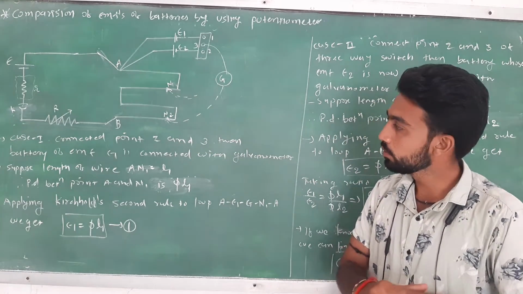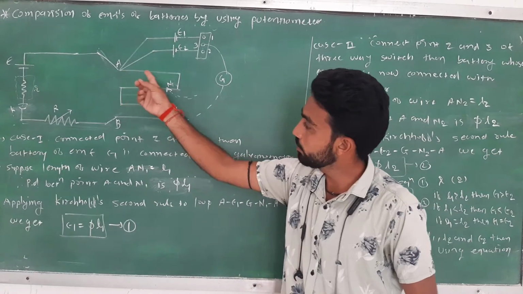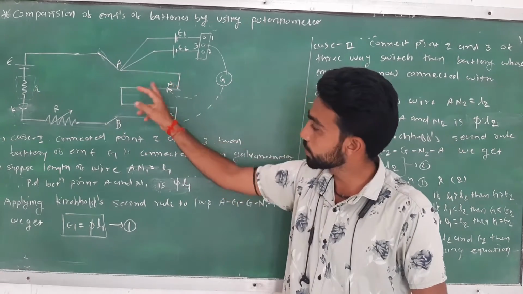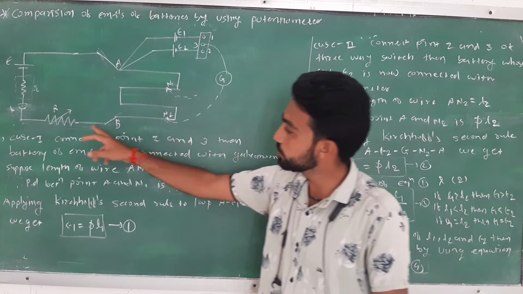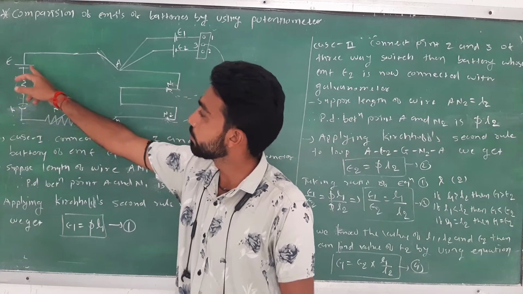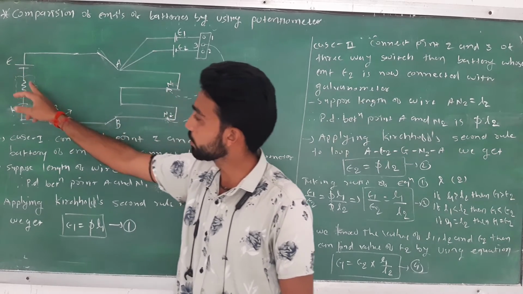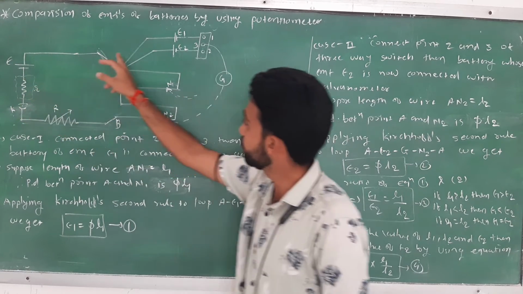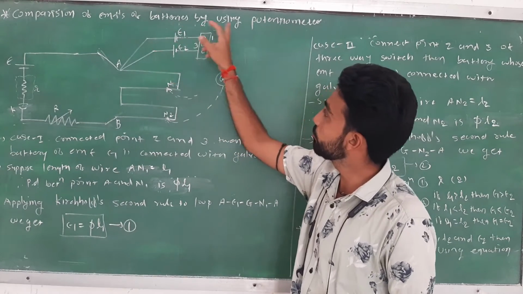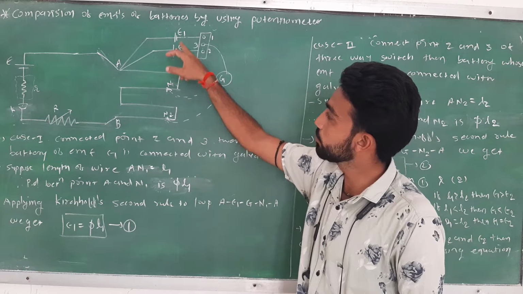Once again I repeat: here you have a wire of uniform cross-sectional area, connected in series with a variable resistor, key, and a battery whose EMF is epsilon and internal resistance is R. The two batteries whose EMF we want to compare are connected in parallel.